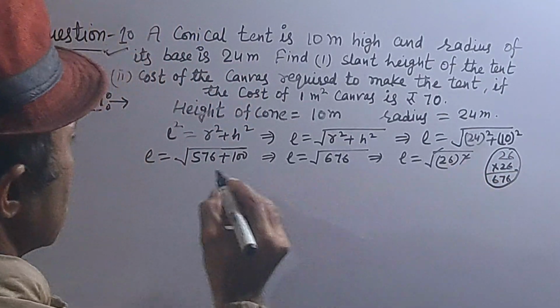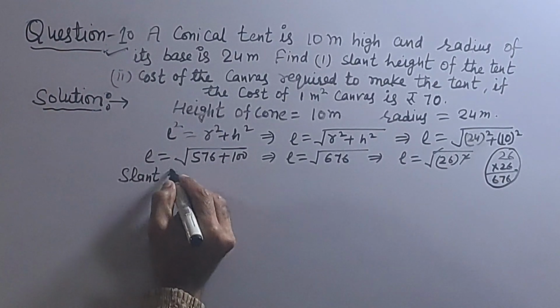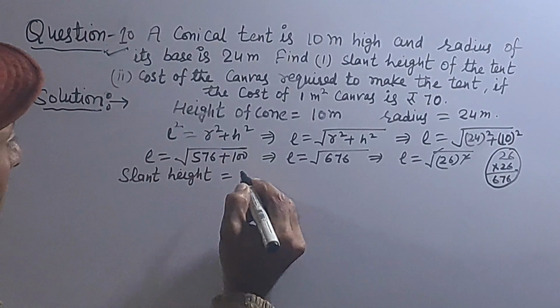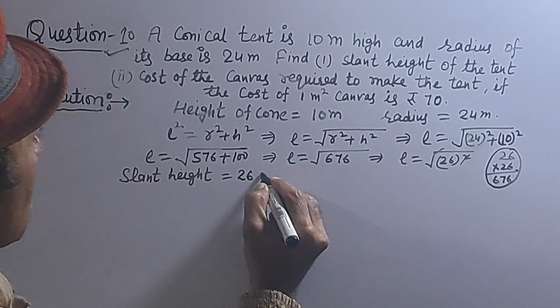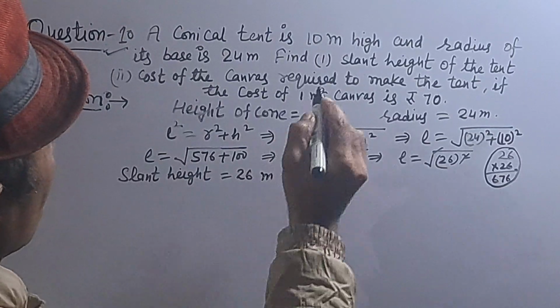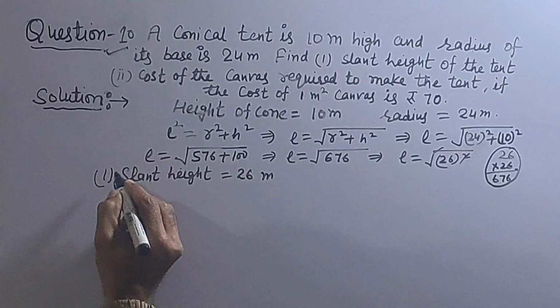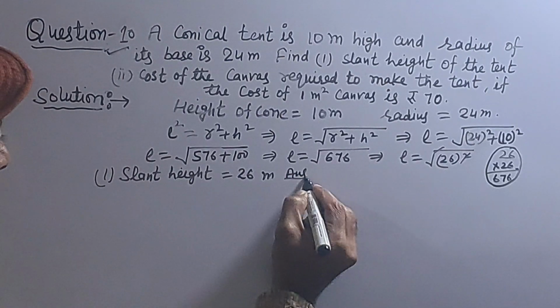So root and square are cancelled and slant height is equal to 26 meter. Slant height of the tent, first part: slant height equal to 26 meter. Answer.